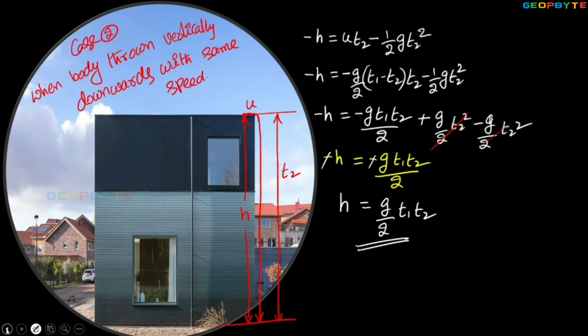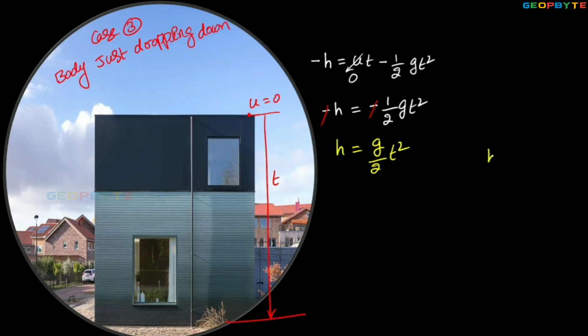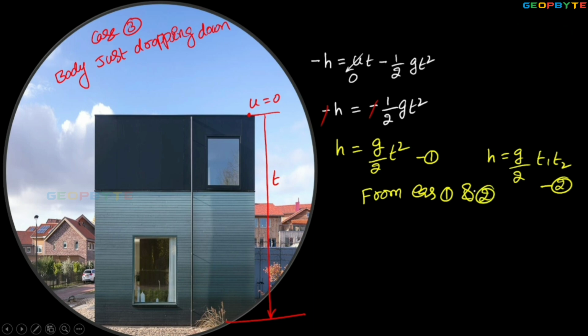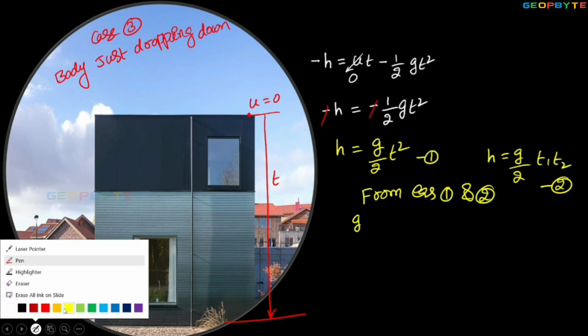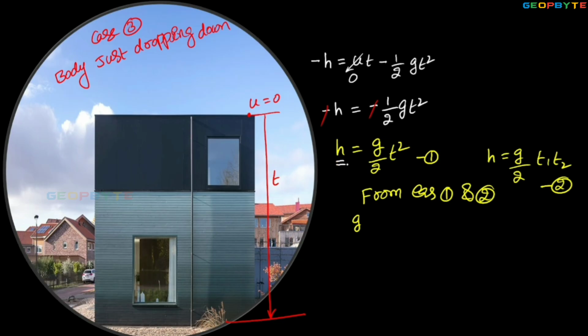Whereas for the second case, what did we get? h equal to g by 2 t1 t2. Let this be equation 1 and that equation 2. Comparing equations 1 and 2, I can write that the LHS are equal. Since the LHS are equal, you can equate the RHS.